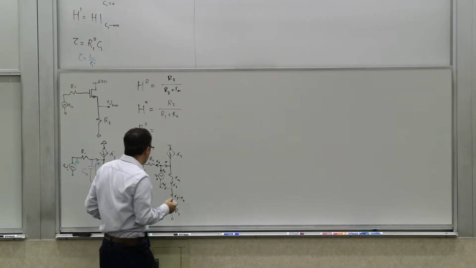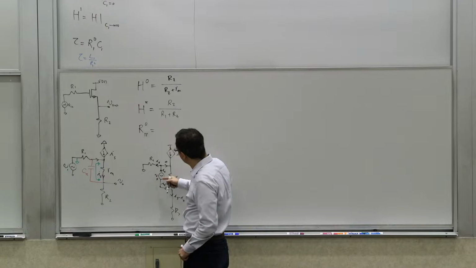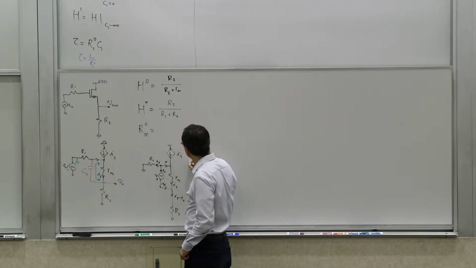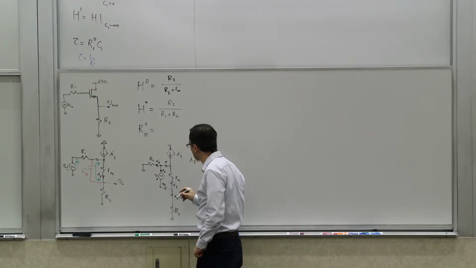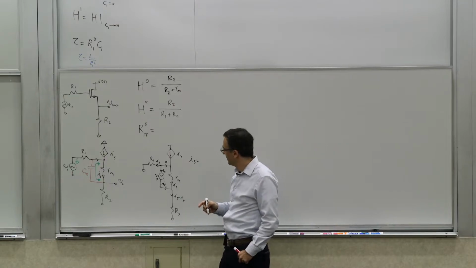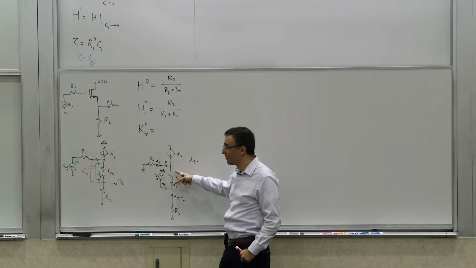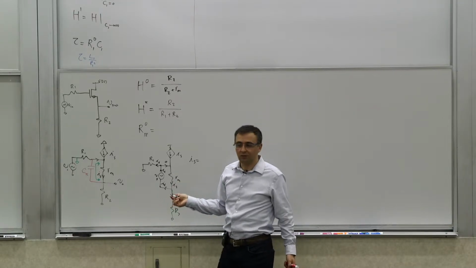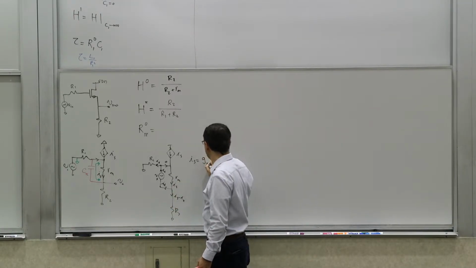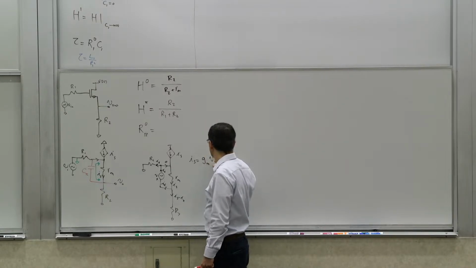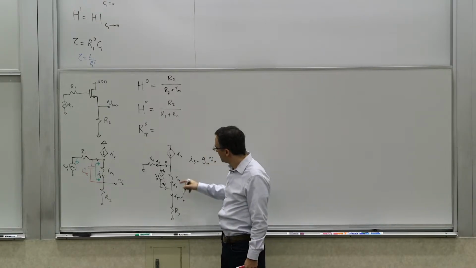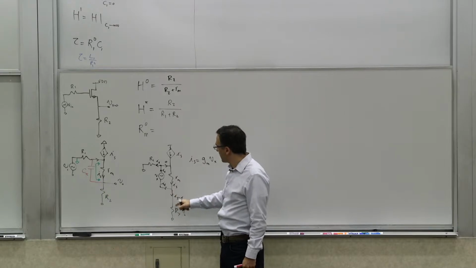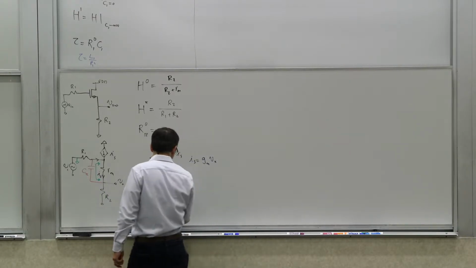So the key question is, if it's Vx, what is Is? Because if this is the voltage Vx across resistor Rm, it's going to be Vx over Rm, right? Also, you can write it as Gm Vx. So that's Gm Vx. And what is this voltage?